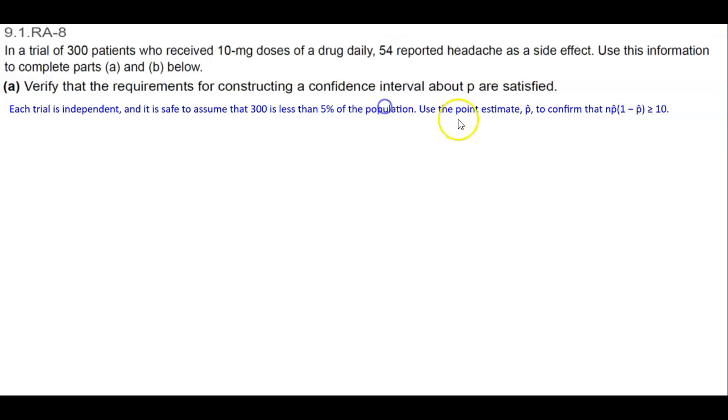So now what we want to do is use the point estimate to confirm the following, which is greater than or equal to 10. So we need to find out what the point estimate is. And recall that the formula for the point estimate is equal to x divided by n. So in our problem, we know that x is equal to 54, and the value of n is equal to 300.